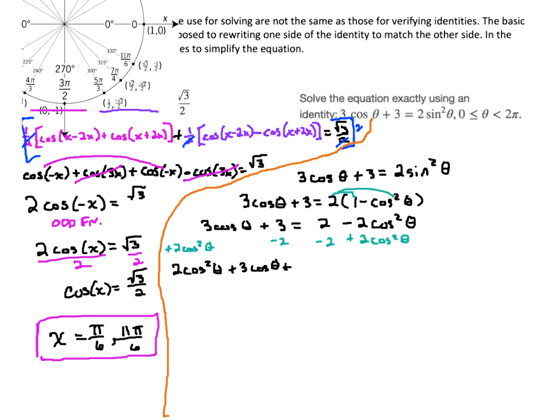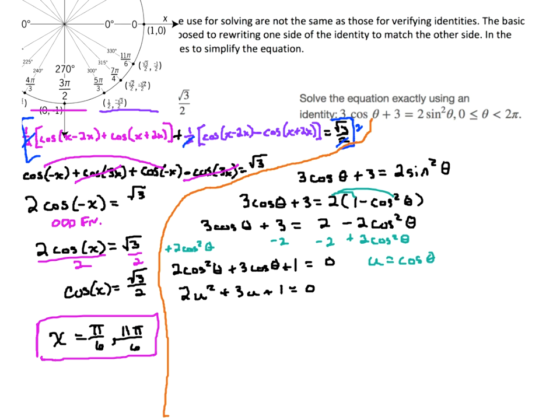Okay, sorry about that. Equals 0. And now I'm going to make a substitution, so I'm not looking at all these cosines. So u is equal to cosine theta. So to make this look a lot nicer, 2u squared plus 3u plus 1 equals 0.